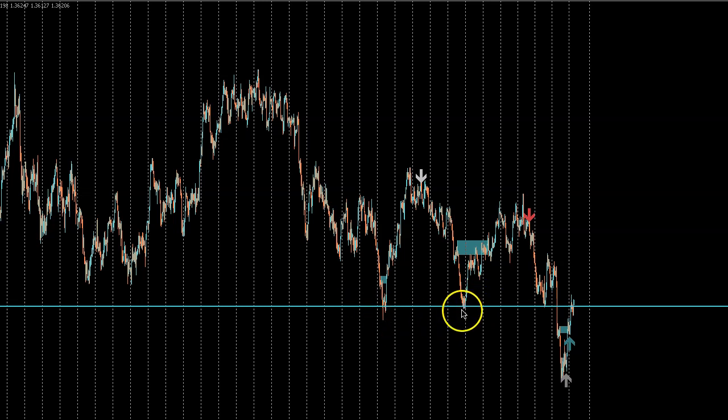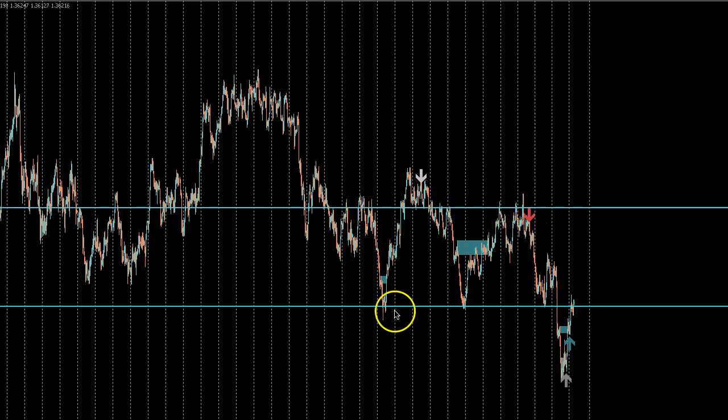But let's say this low right over here was close to this low right over here, and then it went up. It got close to this peak right over here. This was one peak right here, and the market finally came back down to these previous two peaks and then finally made a new low. So that's some of the things that you have to think about: where has the market been, where can it possibly go, using your blocks and reversals.